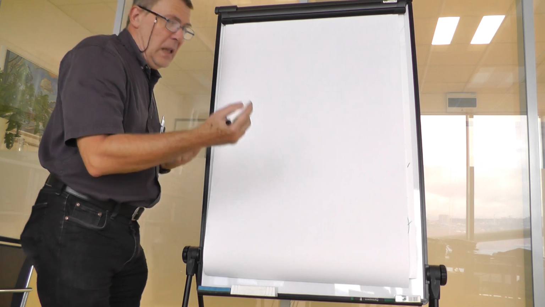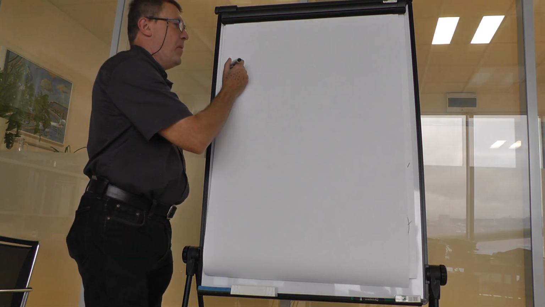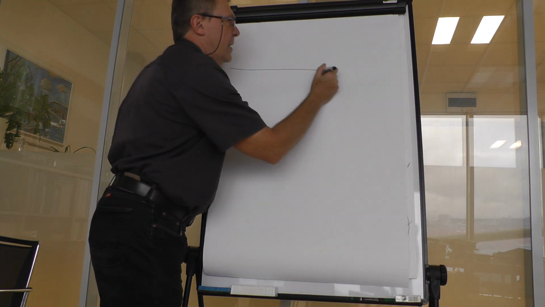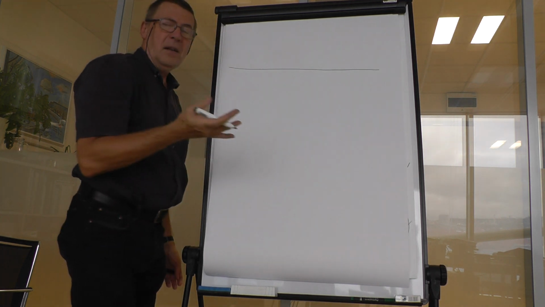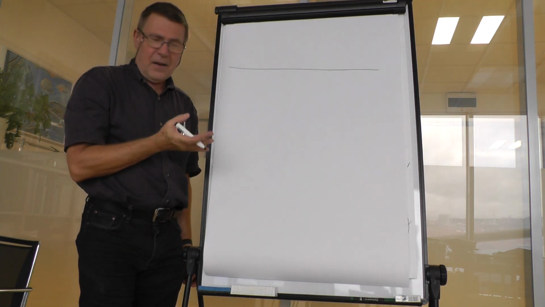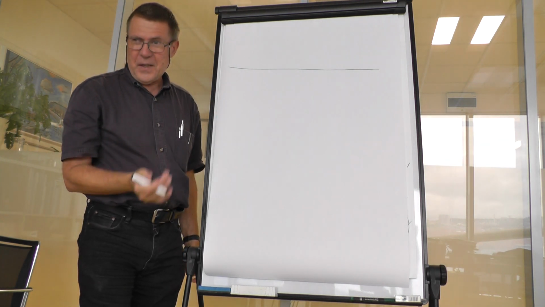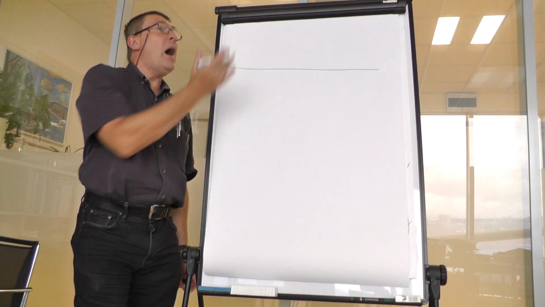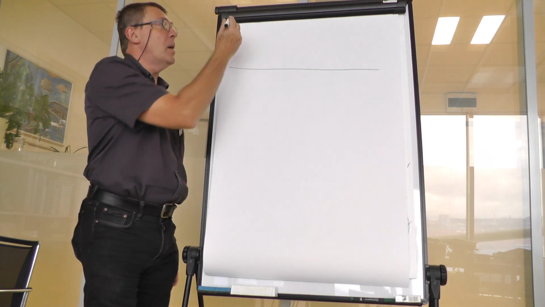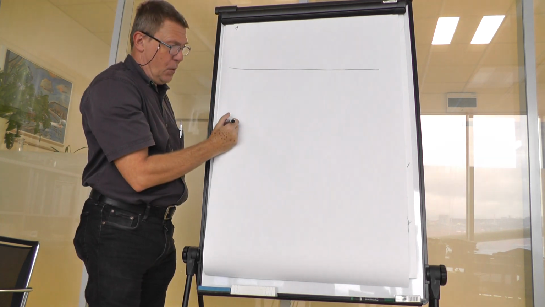So, like before, we have an interface, a layer or a plane dividing the universe into two parts, up and down, or number 1 and number 2.